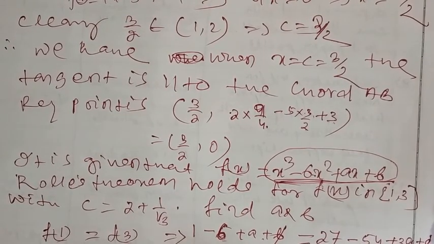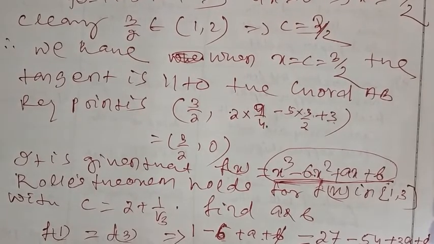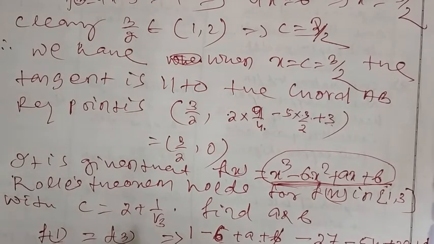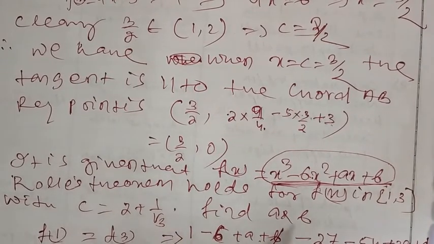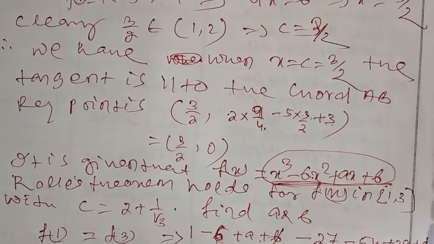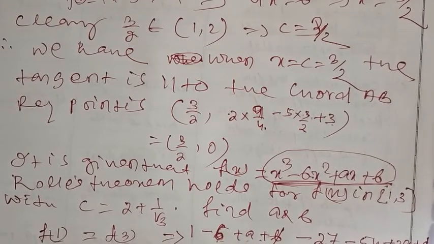It is minus 5 plus 27, that is 22. This a will go there, so it is 2a.